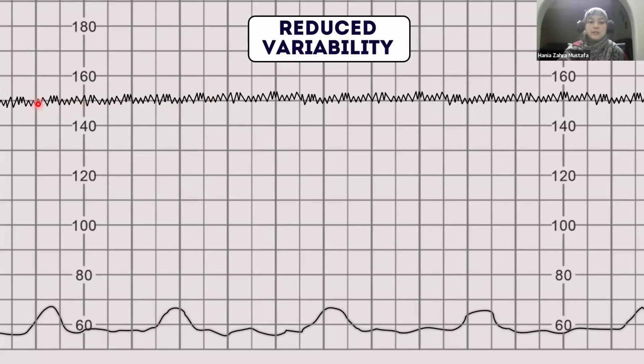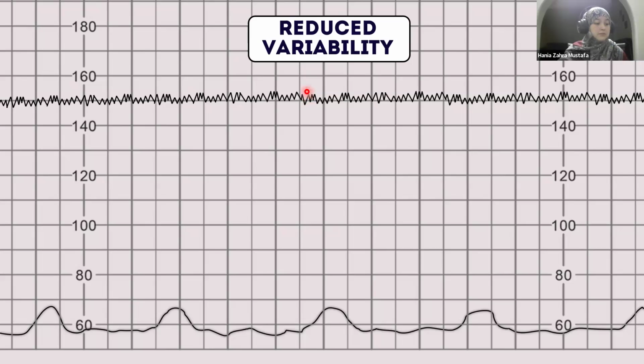See, for instance, in this, you see that the variability has been reduced and there is no variability of more than 3 to 5 beats per minute. This is also kind of normal if a fetus is sleeping, but it is not normal if the recording of this reduced variability is more than 40 minutes. Then it indicates a whole lot of causes.